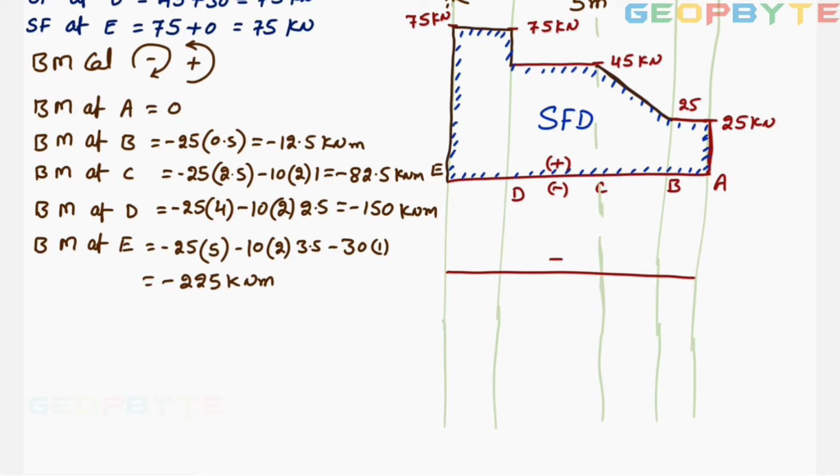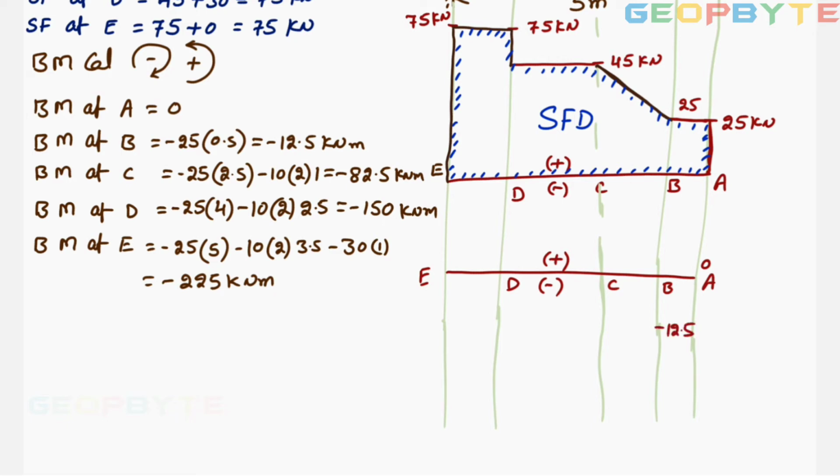Above the reference line you take the positive values, below negative values. It is A, B, C, D and E. So BM at A equal to 0, BM at B equal to 12.5.